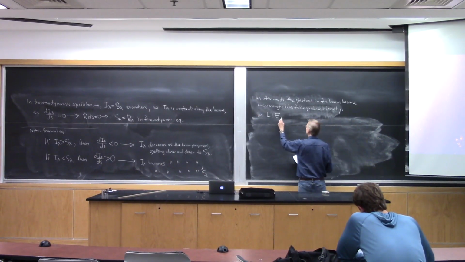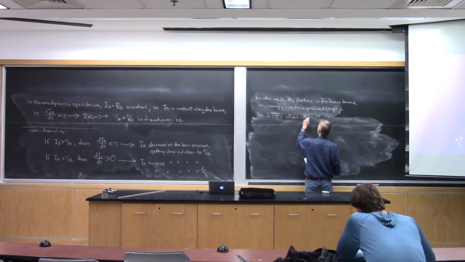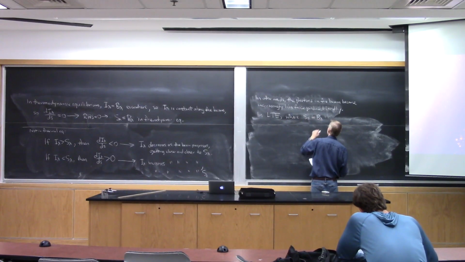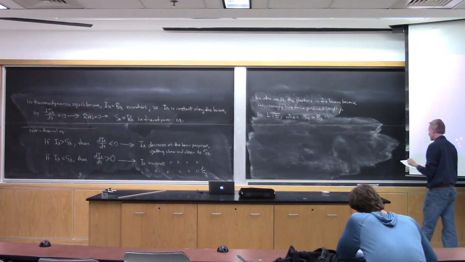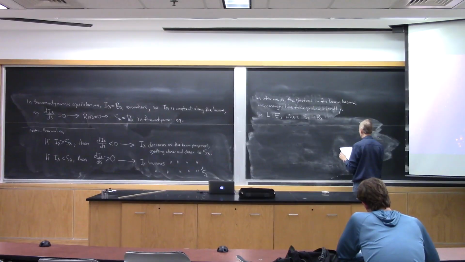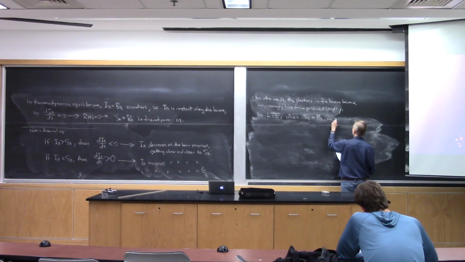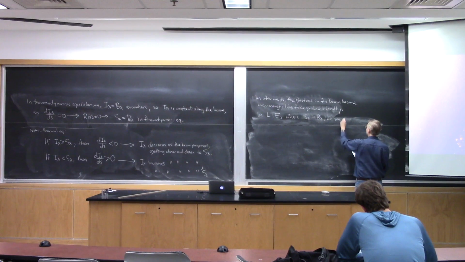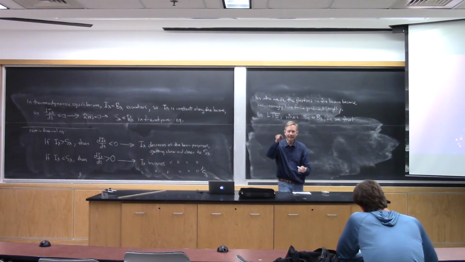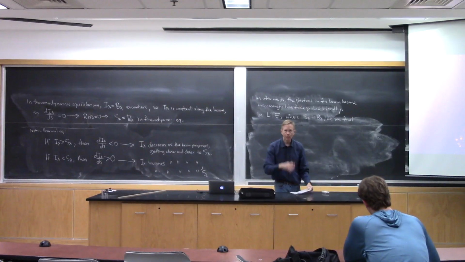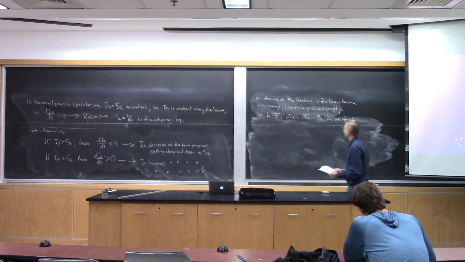In LTE, where S lambda equals B lambda, in other words, if we can get away with the approximation of thermal equilibrium, we already know S lambda equals B lambda in thermal equilibrium. In LTE, where S lambda equals B lambda, we see that, right, so we've got a local thermodynamic equilibrium subregion, and then we fire in some radiation from outside, and watch what happens to that beam of radiation as it progresses through the region.